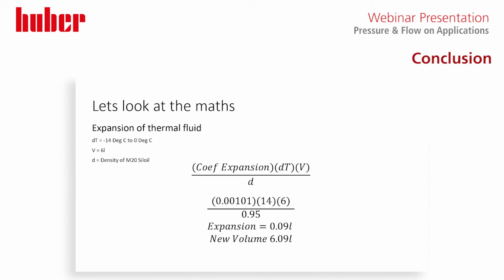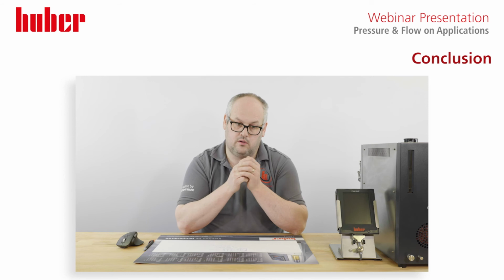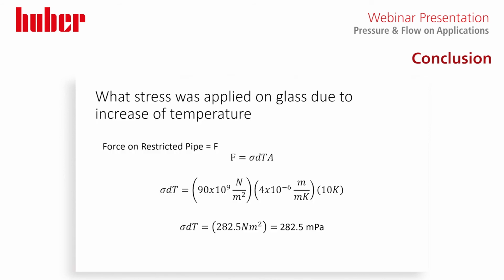We then have to look at, would warming the glass from -14 to 0 apply a stress to the glass? So this is where life gets a little bit more complicated. And we calculate the stress that was applied on the glass due to the increase in temperature. This is a bit more of a long-winded equation, because you can actually work out the force on a restricted pipe.